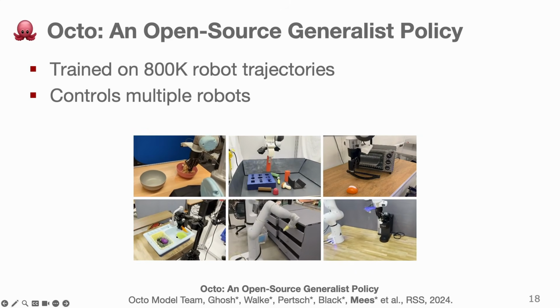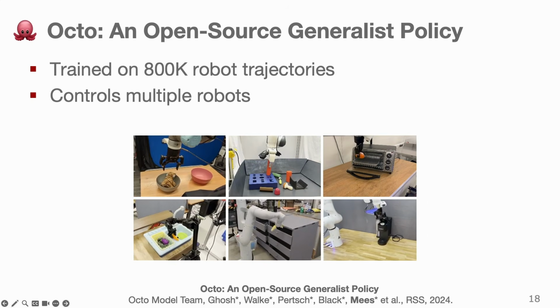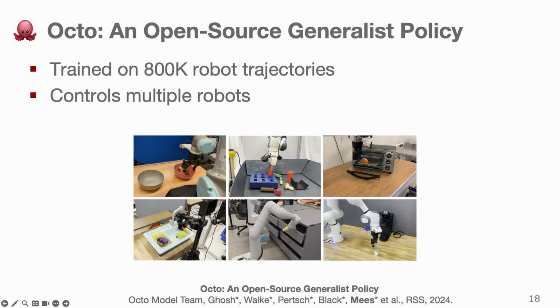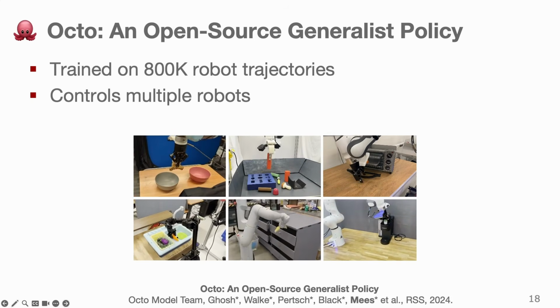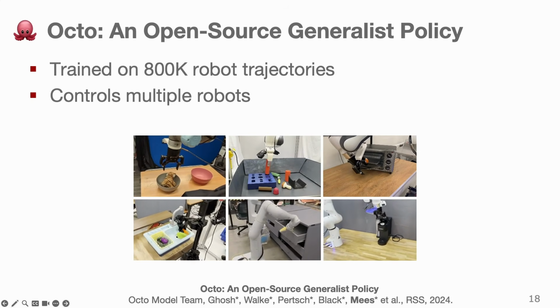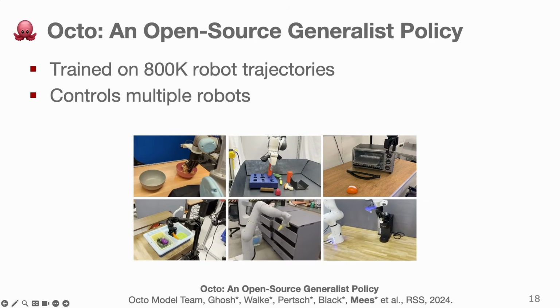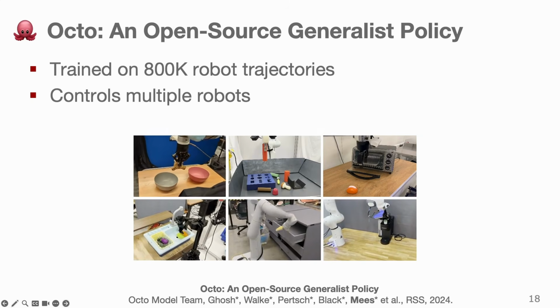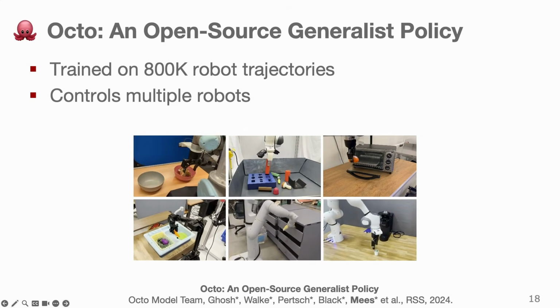So as a first step towards developing such generalist robot policies, we developed Octo, which was the first open source generalist policy. And this is, in a nutshell, a large transformer-based policy that was trained on 800,000 robot trajectories of the OpenX embodiment dataset I just talked about.